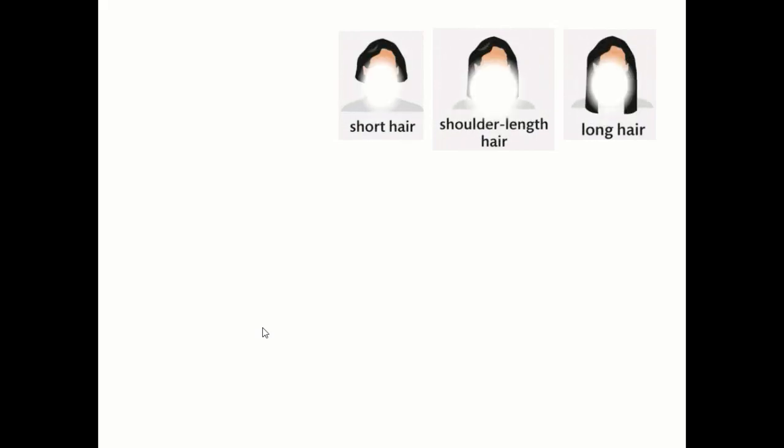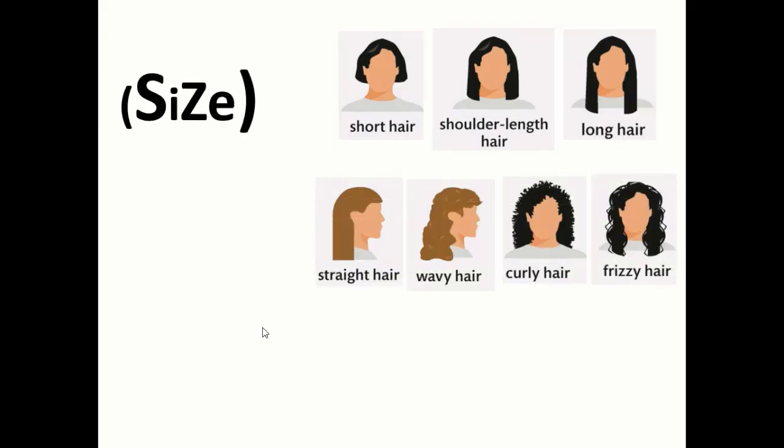One of the physical features we learn to describe first is the hair. Let's just mention some of the basics here. Short, shoulder length, and long are adjectives to describe the size of the hair. Straight, wavy, curly, and frizzy are adjectives to describe the shape of the hair.